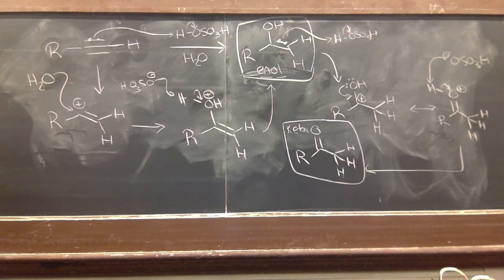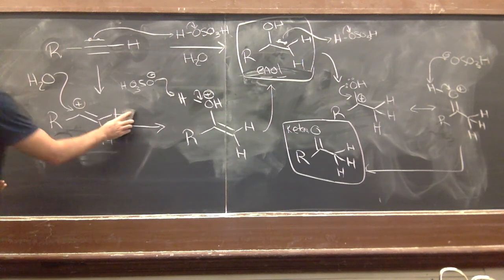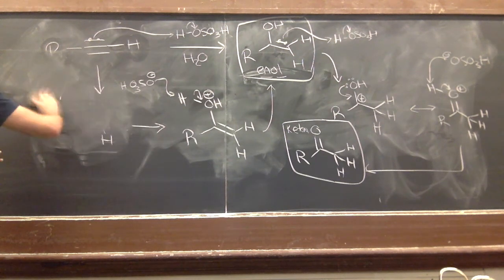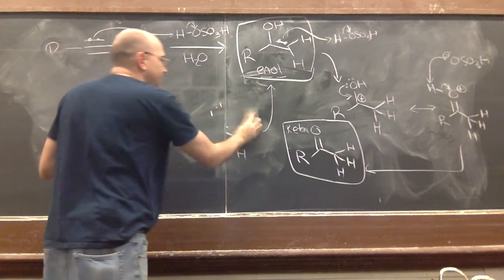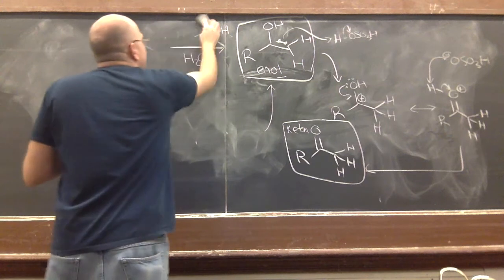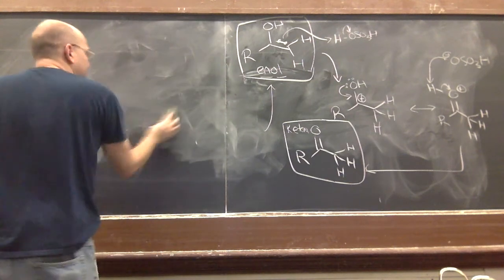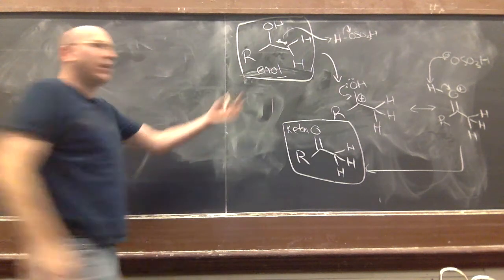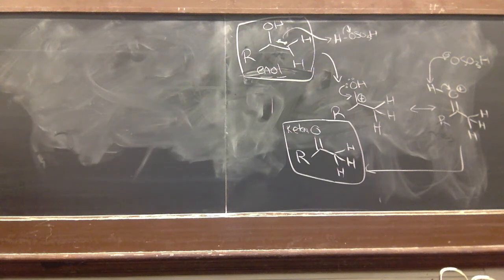And in general, so here's the mechanism, but I just want to make a point here about the relationship between these two molecules. Because they can interconvert with one another. You can use the mechanism that I showed you here to interconvert. You don't necessarily need a super strong acid for this interconversion to take place.